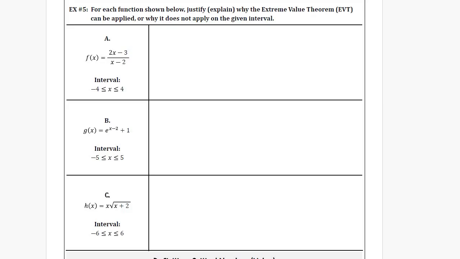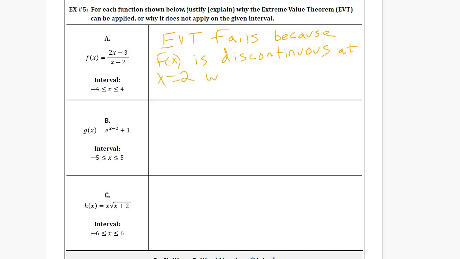So notice that here EVT fails because f of x is discontinuous at x equals 2, which is in -4 to 4.